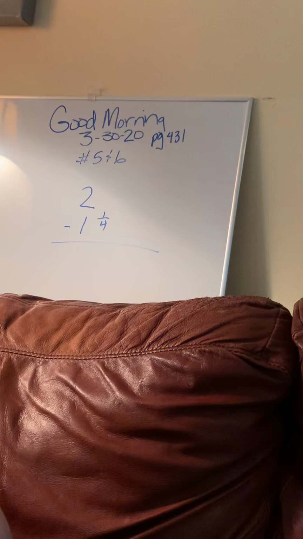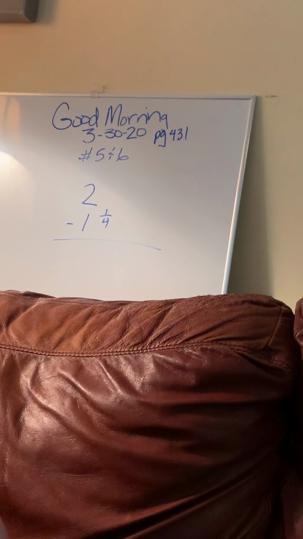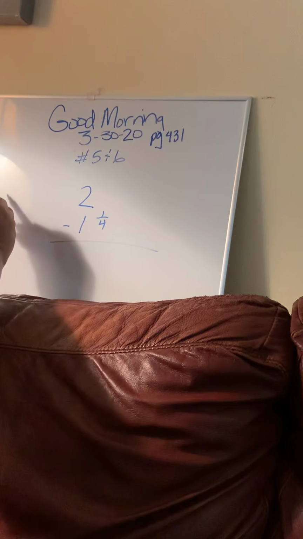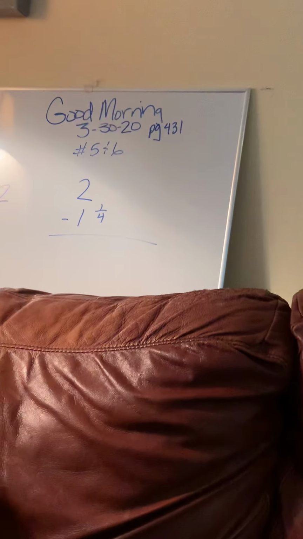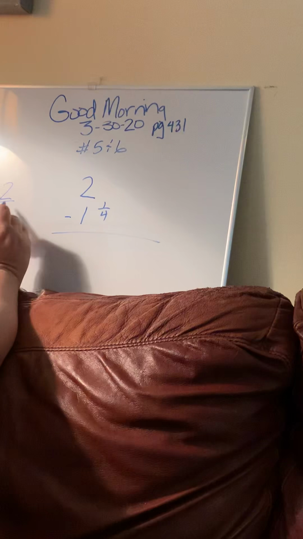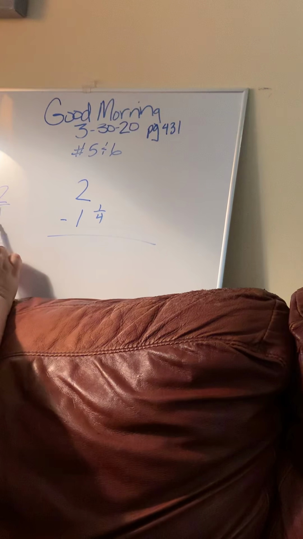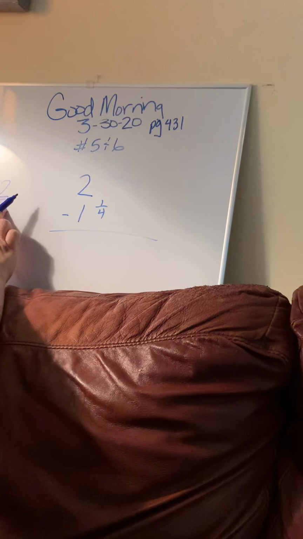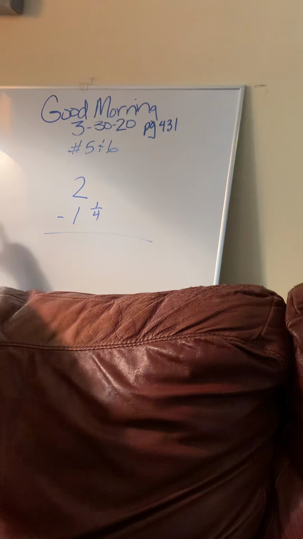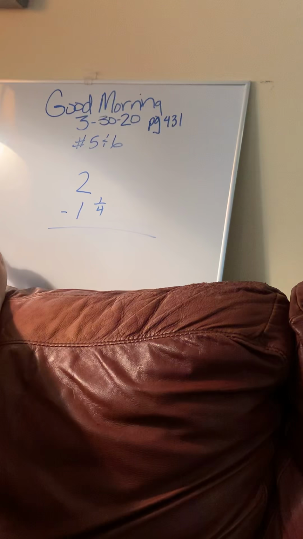So, what we are going to do for this case is we're going to kind of come out to the side and we're going to say, if 2, okay, is broken into 4 pieces, okay? If you're breaking this 2 into 4 pieces, right? What are you going to have?